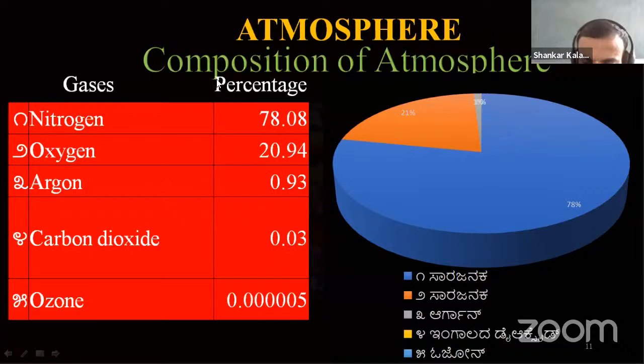Which is Sarajanaka? First one is nitrogen. Second is oxygen actually. I already told you here: don't consider both of these two as Sarajanaka. This blue color is all nitrogen, which means Sarajanaka, and this orange color is oxygen.